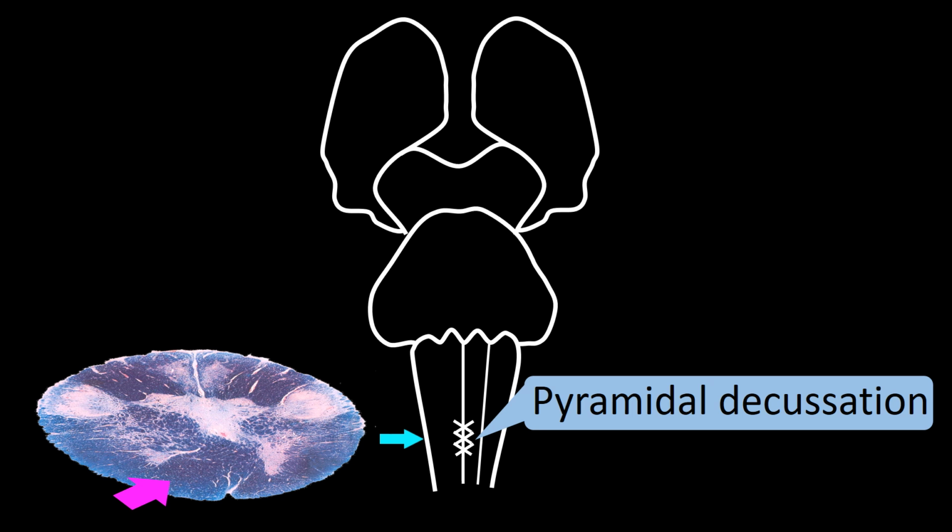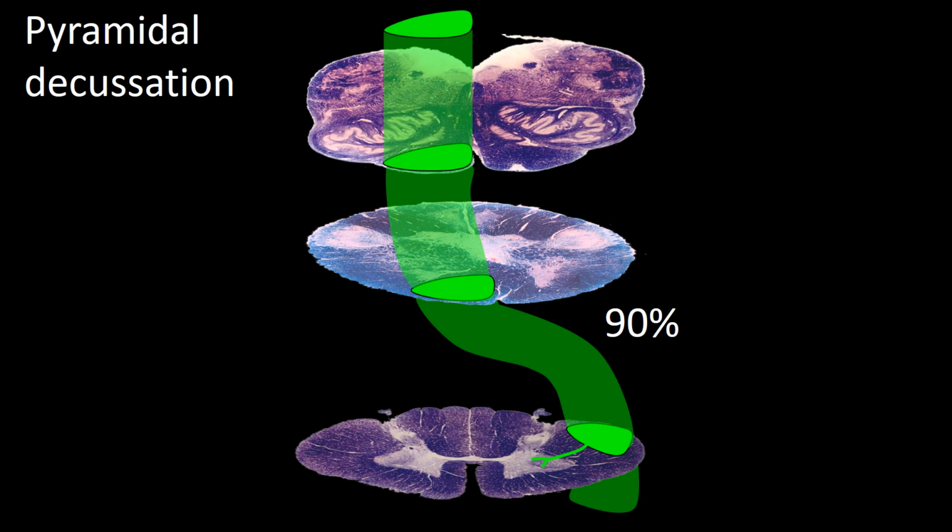The crossing is indeed massive but also sudden and peculiar. 90% of fibers cross suddenly. They travel on the contralateral side of the spine and make contact with neurons also in the contralateral side. I have represented the connection by the offshoot green lines.